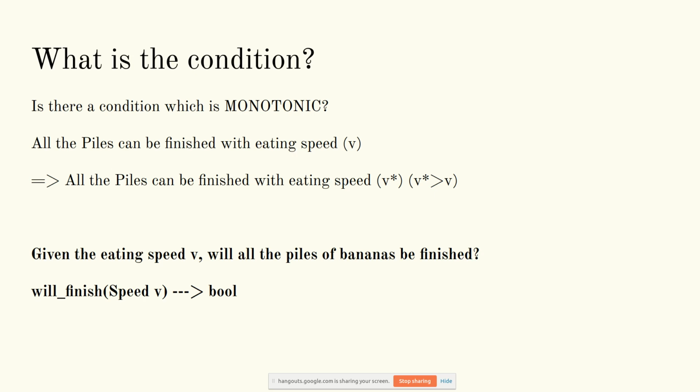So our question will be, given the eating speed, will all the piles of bananas be finished in the given number of hours h? So this is the condition, and we code this condition using a function, will finish given speed v, which returns a boolean whether we will be able to finish all the bananas given the number of hours h.